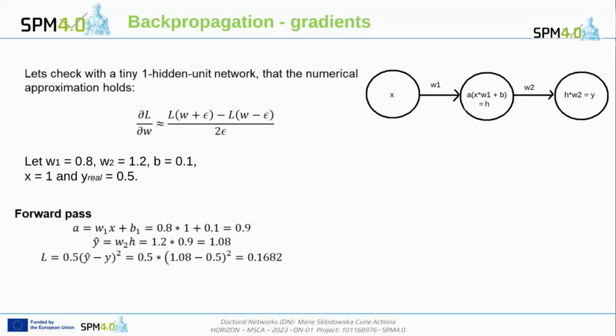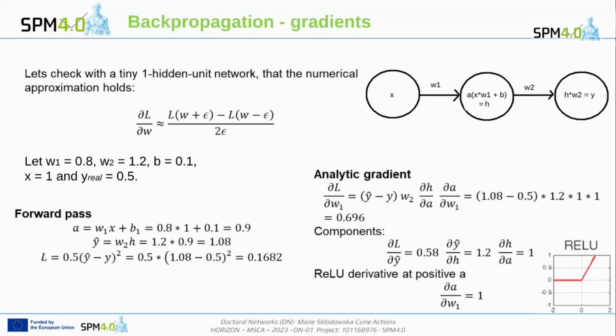The network gives us an output of 1.08. So the loss, if we define it like this, becomes 0.16. Also, we are calculating the partial derivative in relation to this, not this. So we need to go all the way back.